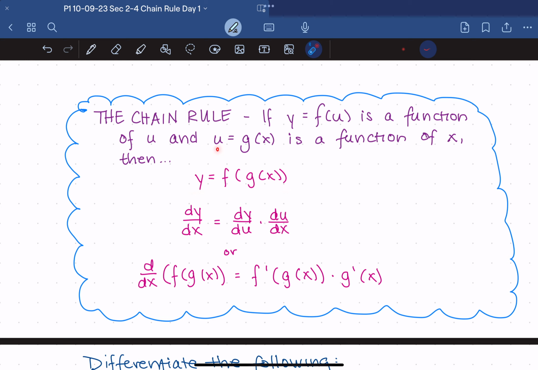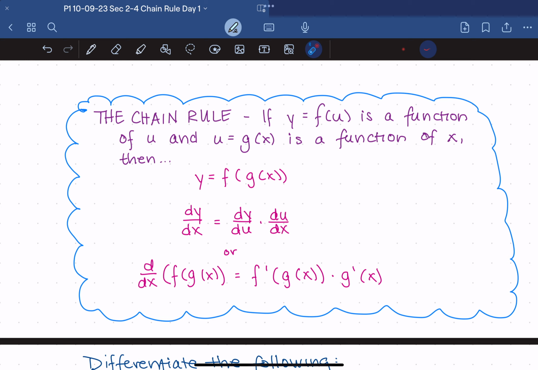Because if u is equal to g of x, then I can put this g of x inside u, and then y looks like this. The chain rule doesn't really say that part, but I just added that in. But if that's true, then dy dx is dy du times du dx. It's kind of like the du's cancel out, and you get dy dx.